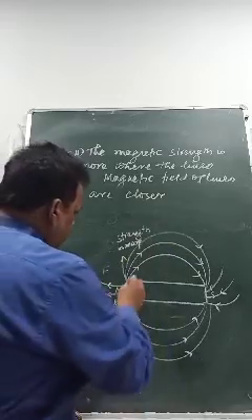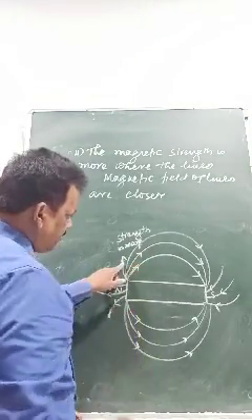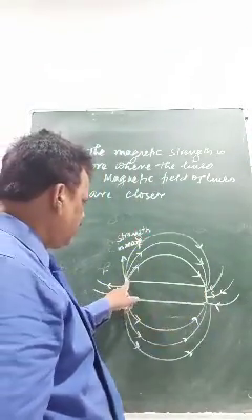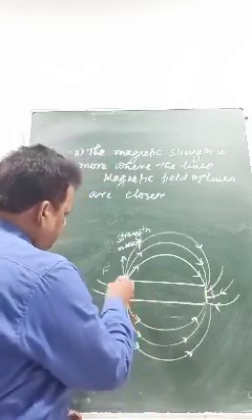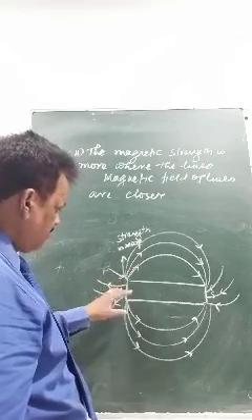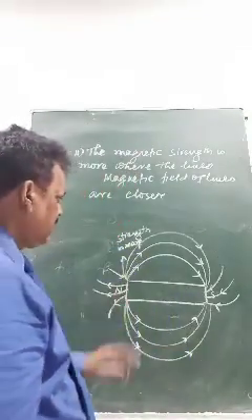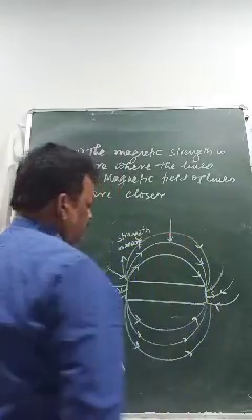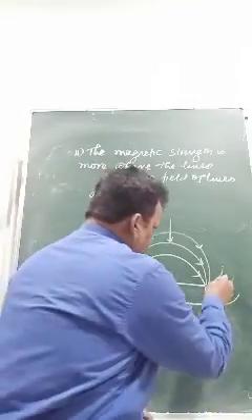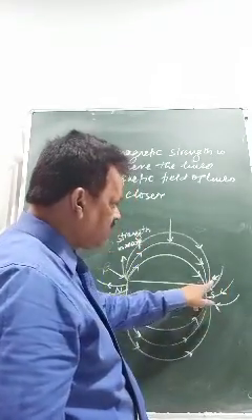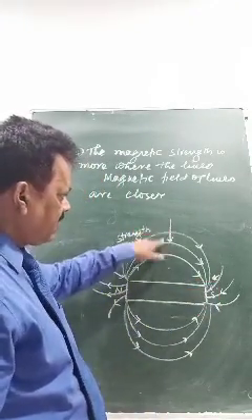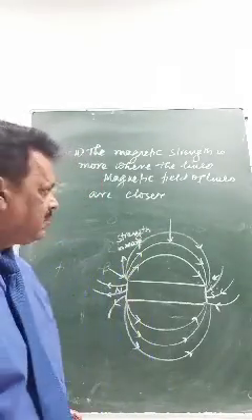That means in this region the lines are closer, so the magnetic strength is more. The magnetic strength is more near the poles, so if you bring any object here, it will be attracted or repelled very soon. The same object brought here will be less affected. When the lines are closer, the magnetic effect is more, and when the lines are far away, the magnetic effect is less.